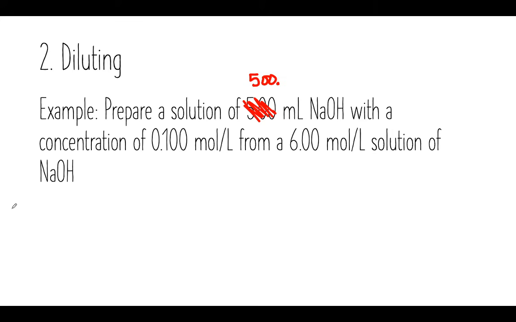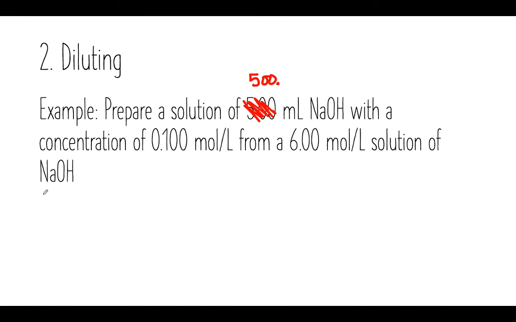500 milliliters of NaOH with a concentration of 0.100 moles per liter from a 6.00 moles per liter solution of NaOH, right? So they're giving us what volume you want to end up with and what concentration you want to end up with and what solution to use, right?